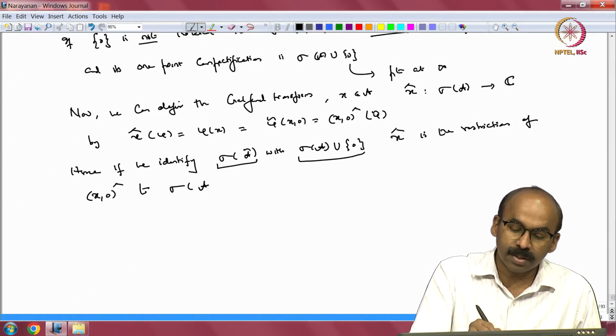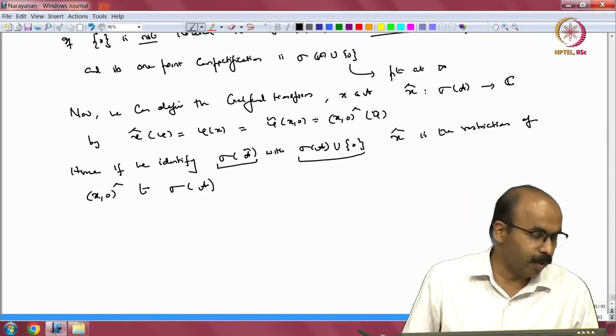So, if I restrict it to just sigma A, then I am going to get the Gelfand transform on A, right.